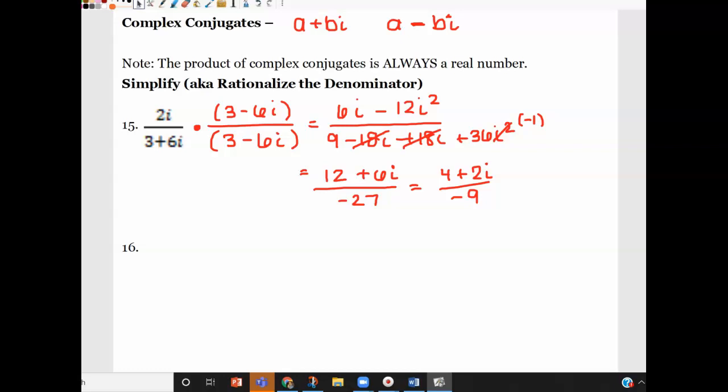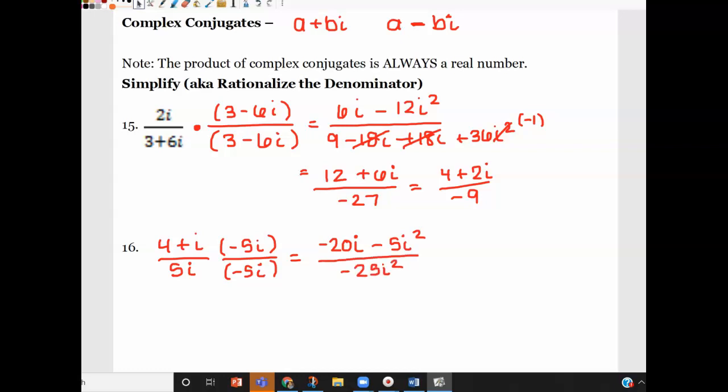And then down at the bottom, we have 4 plus i over 5i. The complex conjugate of this problem is simply the opposite of the denominator because there is no real part. So we're going to multiply by negative 5i. So that will give me a negative 25i squared.